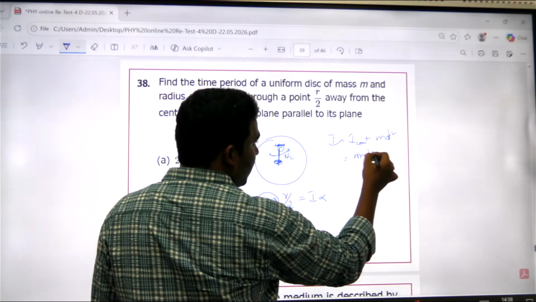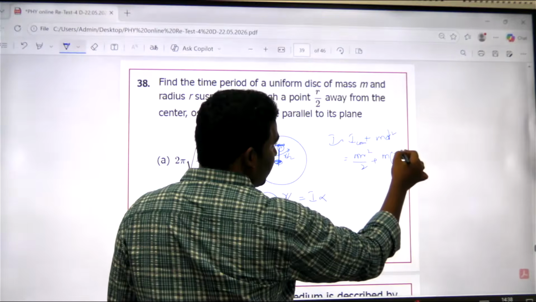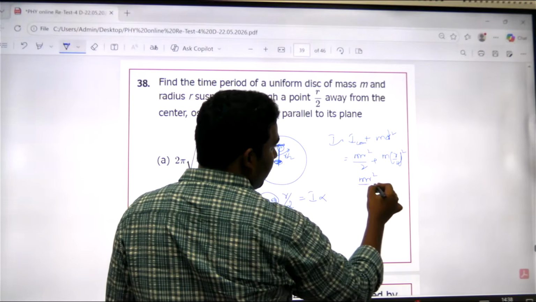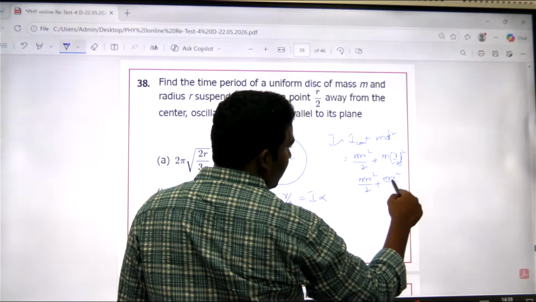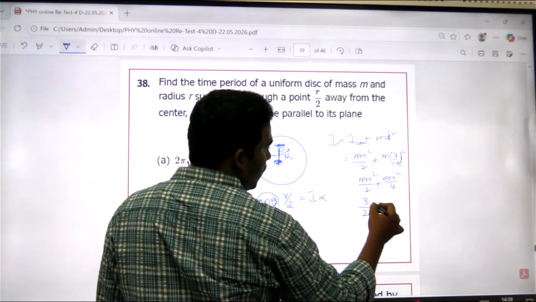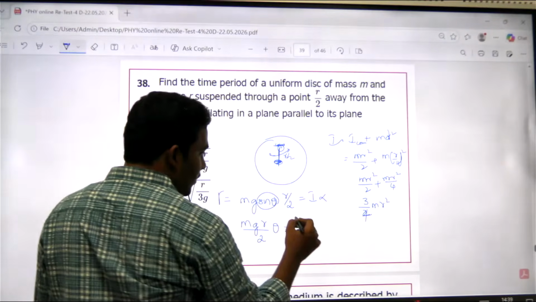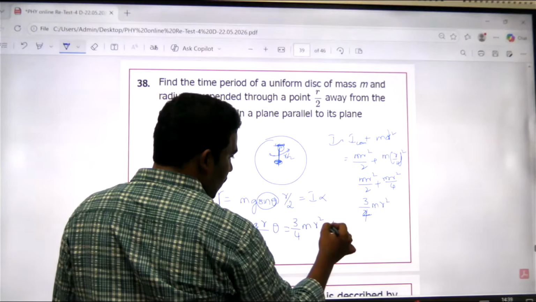It is mr square by 2 plus m into r by 2 whole square, which is mr square by 2 plus mr square by 4. So 3 by 4 mr square is the moment of inertia. So it is 3 by 4 mr square into alpha.